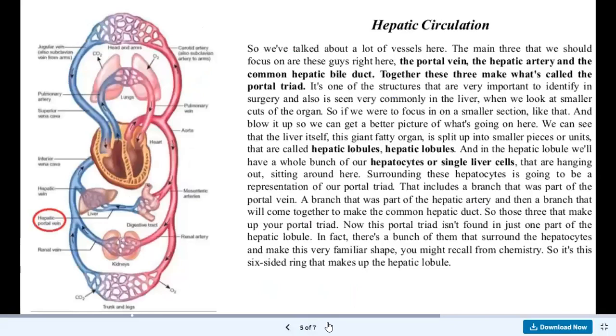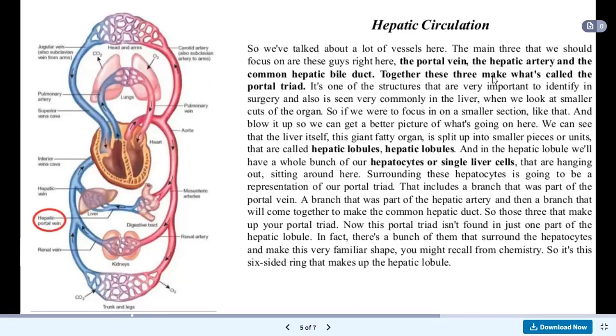Okay, so let's look at hepatic circulation. We've talked about a lot of vessels. The main 3 vessels that we need to know are the portal vein, the hepatic artery, and the common bile duct.